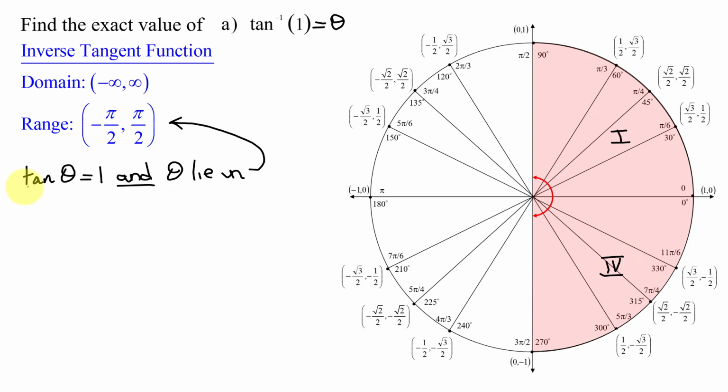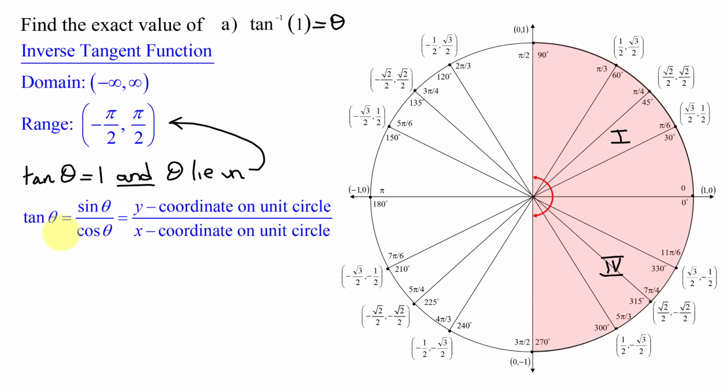Now I'm looking for the tangent of theta to equal a positive number. Remember, the tangent of theta is sine theta divided by cosine theta, and taking information from the unit circle, this means it's the y-coordinate on the unit circle divided by the x-coordinate on the unit circle.